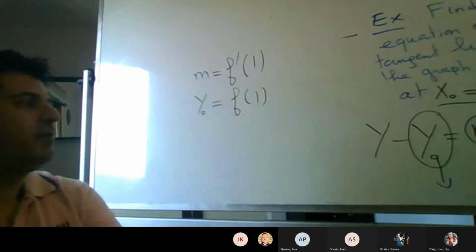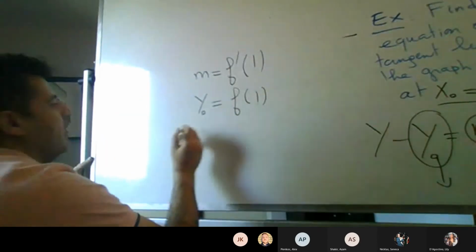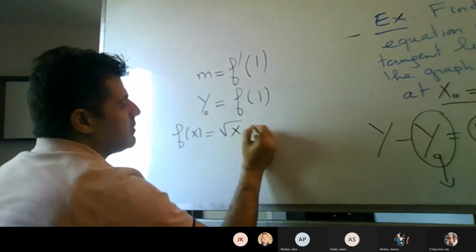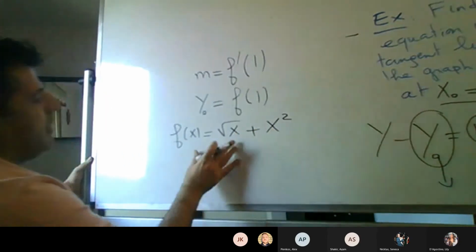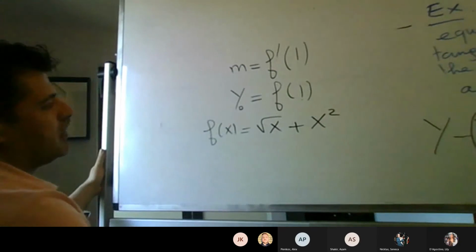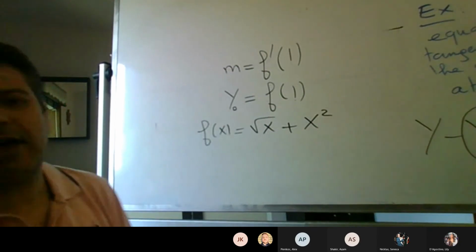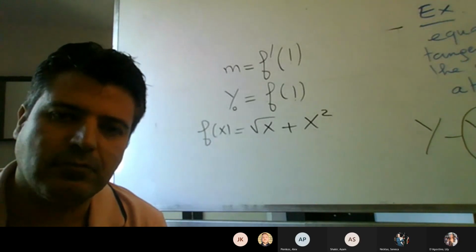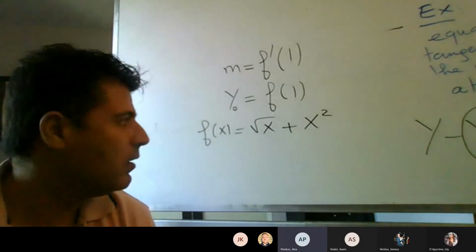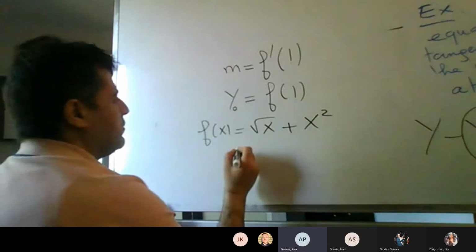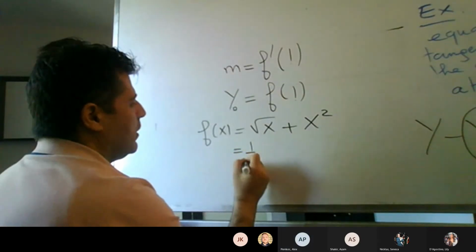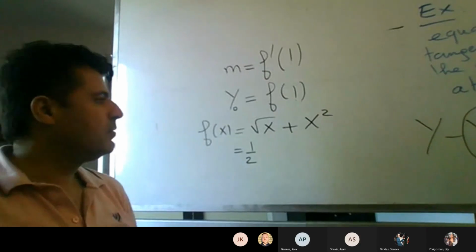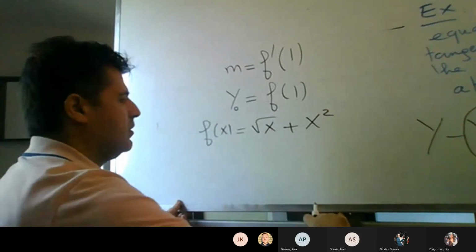Let's do it here. The second function that I gave you is f of x, the square root of x plus x squared. Let's calculate the derivative. What is the derivative of the square root of x? It's 1/2. Let me go slowly so that the students understand.